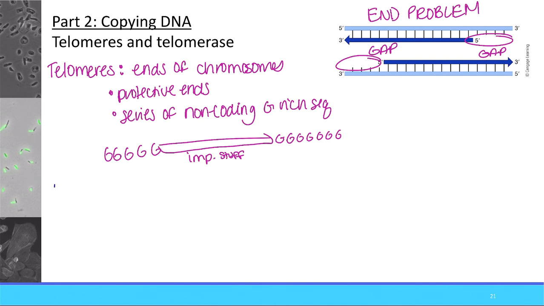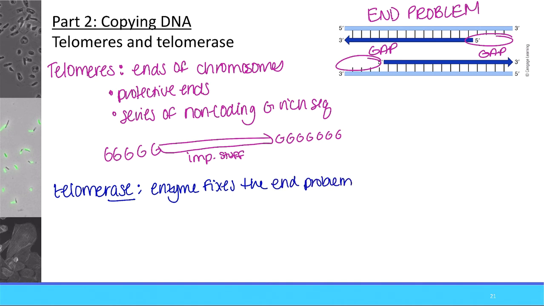Another player that we have is telomerase. So ends in ase. This is an enzyme. And so what this enzyme does is this enzyme fixes the end problem. We're not going to get into the specific mechanism of the enzyme. It's a little outside of the scope of this class, but the way that it does it essentially is it's going to fill in the gaps and it helps maintain the telomere length.